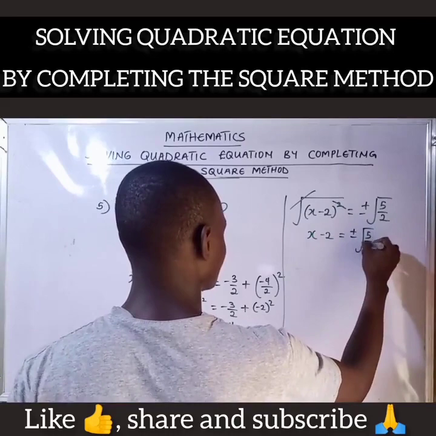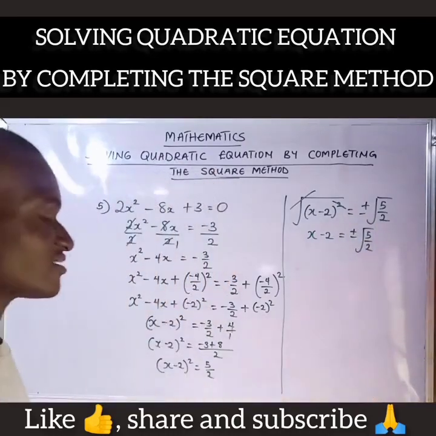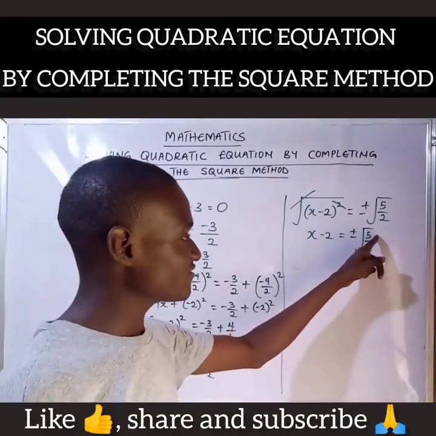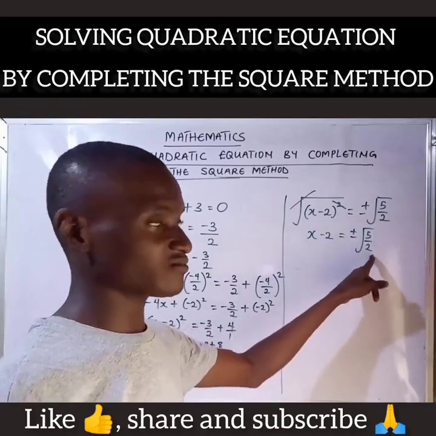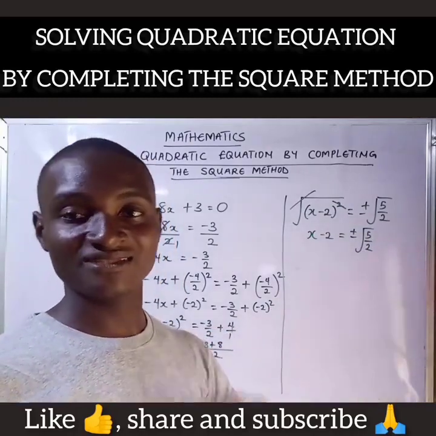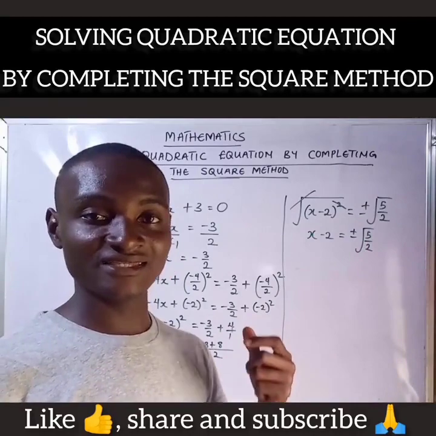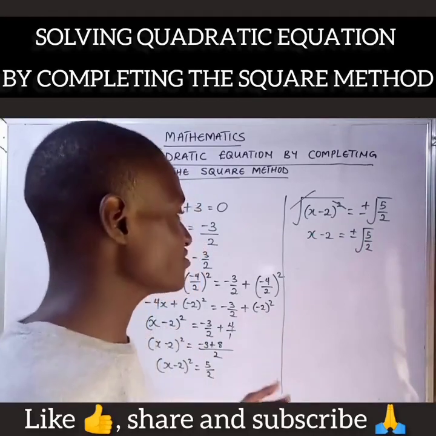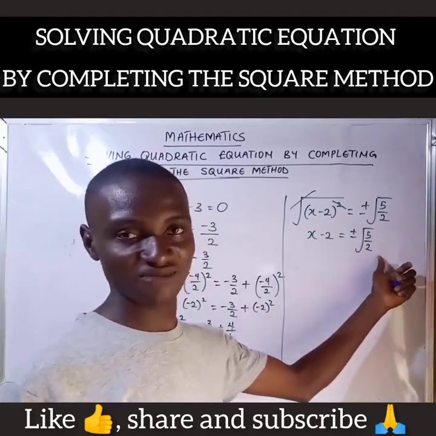Now, because I can't find the square root of 5, neither can I find the square root of 2, because they are irrational numbers, and I intend to leave my answers in surd form. The next thing I'm going to do is rationalize the denominator here.